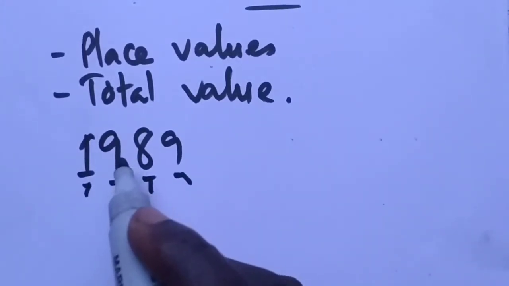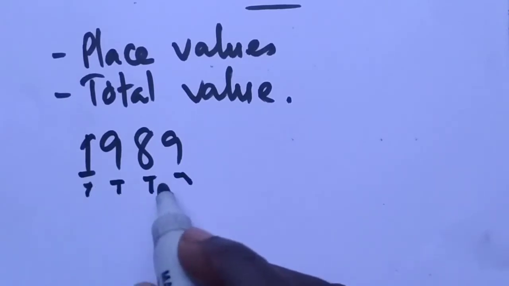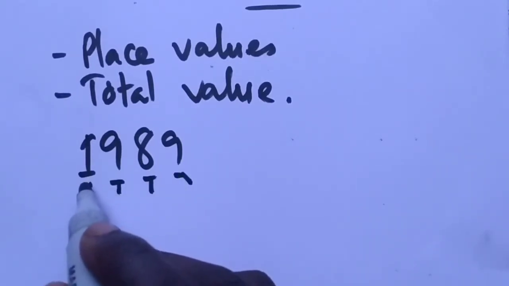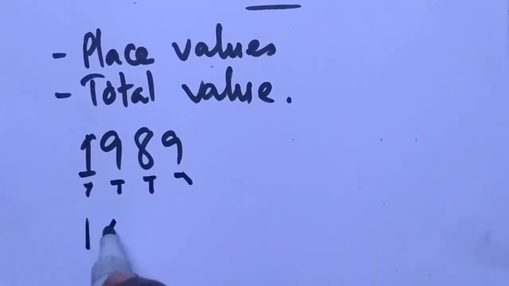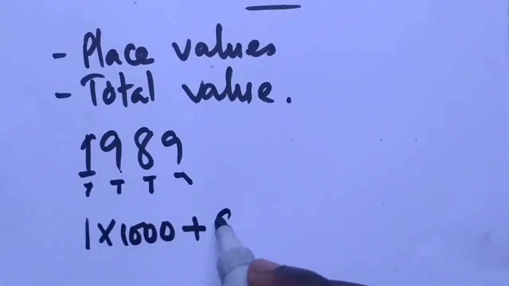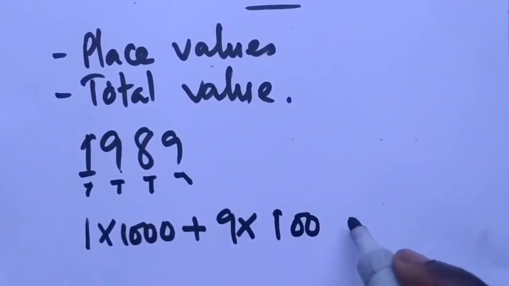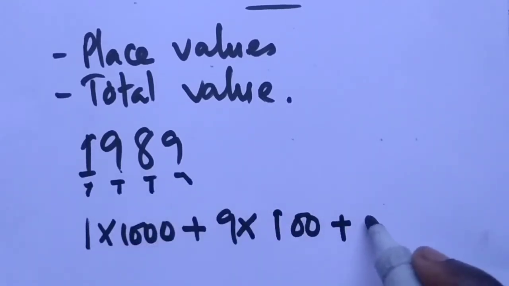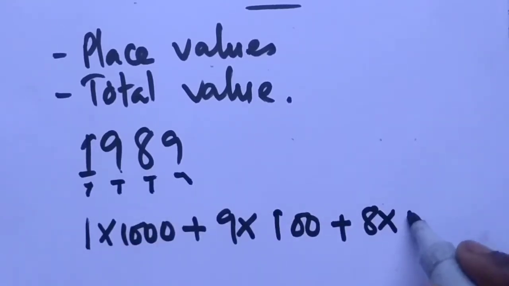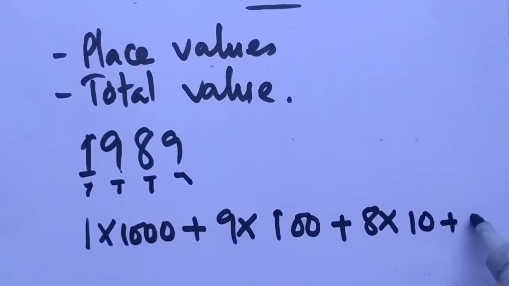Hii number, it is the sum of 1 mara 1000, plus 9 times 100, then plus 8 times 10, plus 9 times 1.